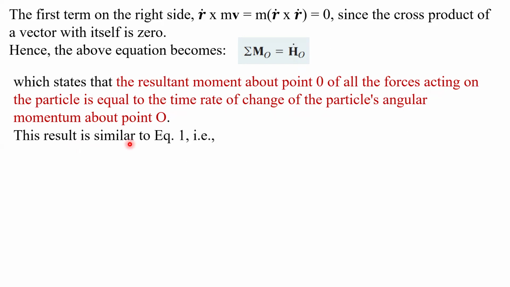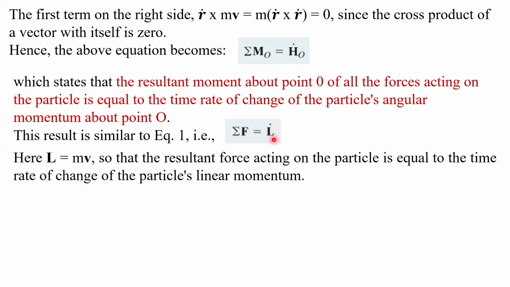This result is similar to this: summation F is equal to L dot. And L in our first lecture is MV, that is linear momentum, mass times velocity.